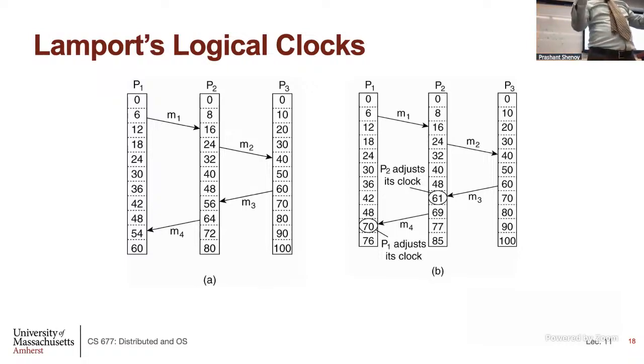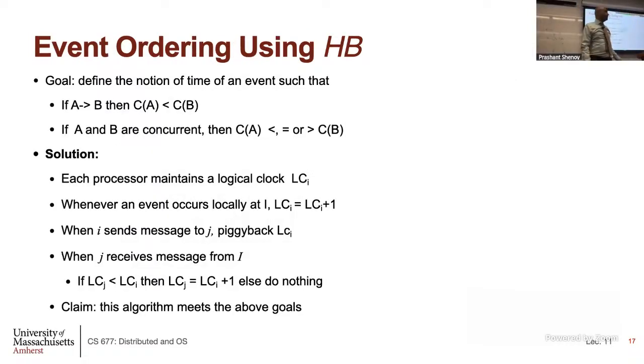If two events have happened in a certain order, the timestamping algorithm gives them timestamps that respect that order. Okay? If A happened before B, then the timestamp of A is always going to be less than the timestamp of B. That is what we have ensured. The reverse is not something we have done. Okay?